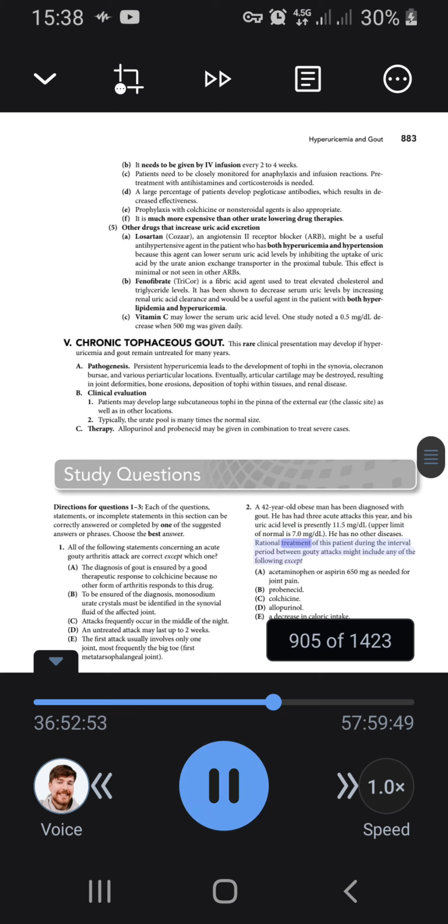Rational treatment of this patient during the interval period between gouty attacks might include any of the following except: A. Acetaminophen or aspirin 650 milligrams as needed for joint pain. B. Probenecid. C. Colchicine. D. Allopurinol. E. A decrease in caloric intake.